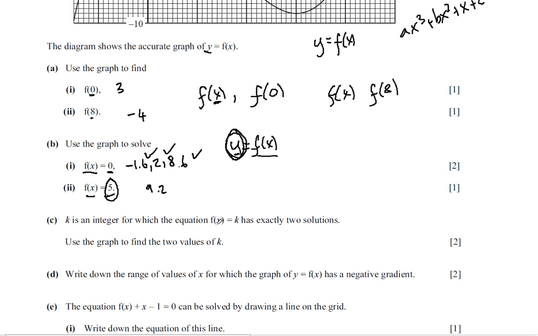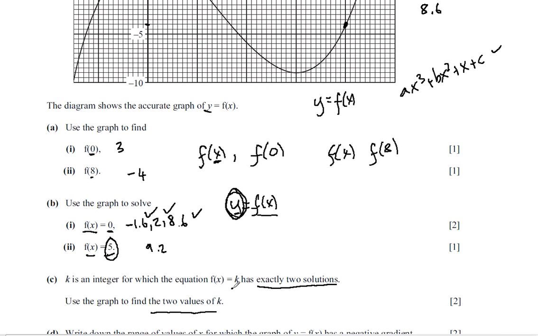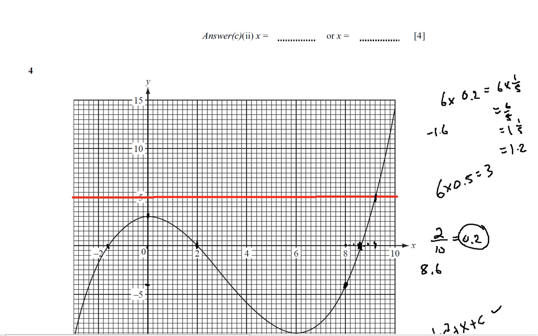K is an integer for which the equation f of x equals k has exactly 2 solutions. Use a graph to find the 2 values of k. Taking your ruler, they want to know for which y values your graph passes through twice, or has that y value twice. So the best thing to do is to take a ruler and put it along each of these y values. Starting from the top, this line hits the graph once, so there's only one solution.